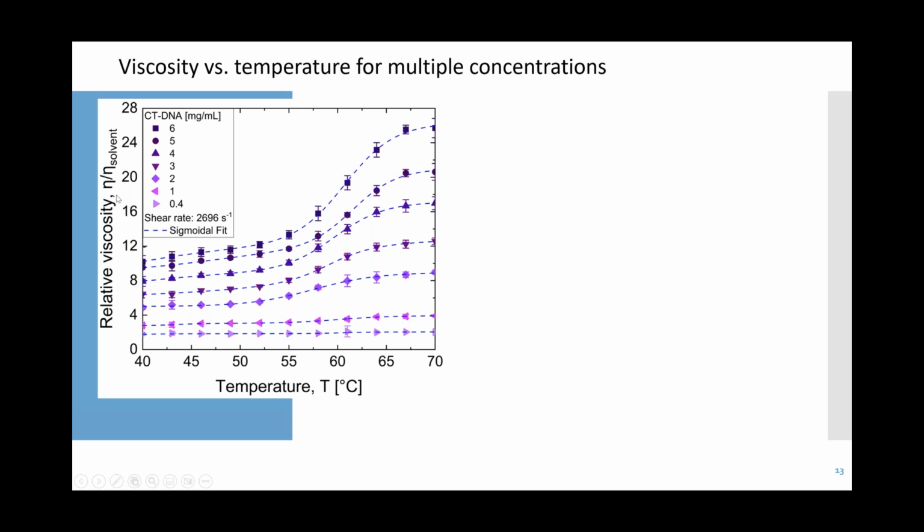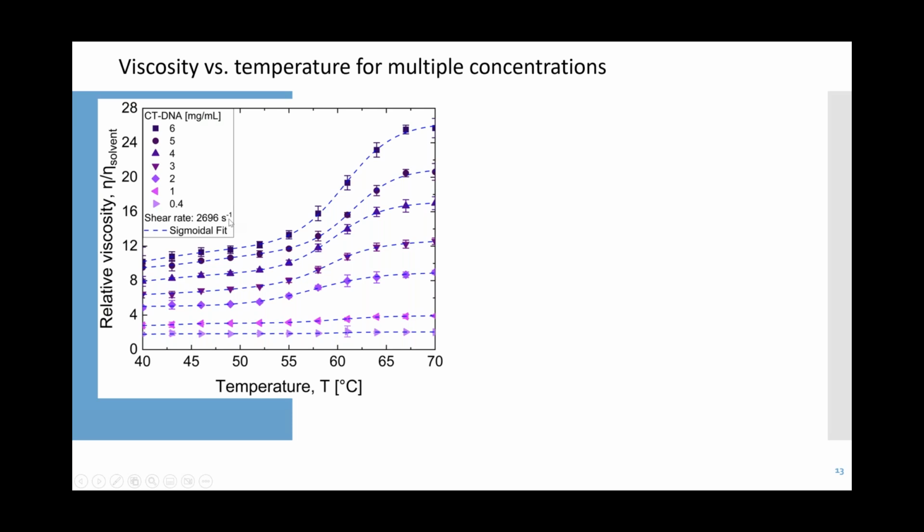All this data corresponds to the lower shear rates, because as I mentioned before, this shear rate more clearly shows us the viscosity rise and gives a clearer melting transition.